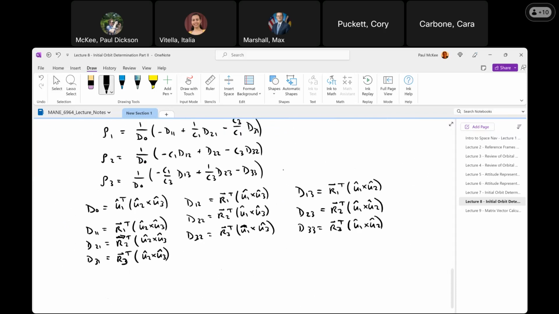It's just good to review that because I realize it's easy to get lost in the derivation here. So the only unknown to find rho 1, rho 2, and rho 3 lies inside C1 and C3, and that is R2, which is the norm of the R2 vector, the scalar R2.